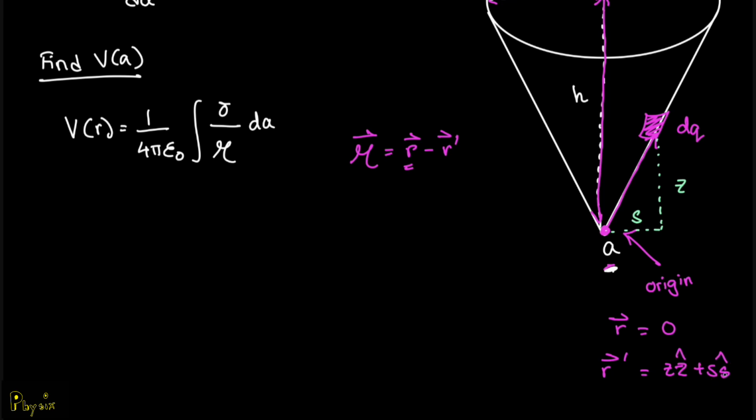I'm going to use s hat as Griffiths uses in his textbook for cylindrical coordinates. Plugging these into here, the displacement vector is negative z hat minus s hat. We are interested in the magnitude of the displacement vector, which is equal to z squared plus s squared, raised to the power 1/2.